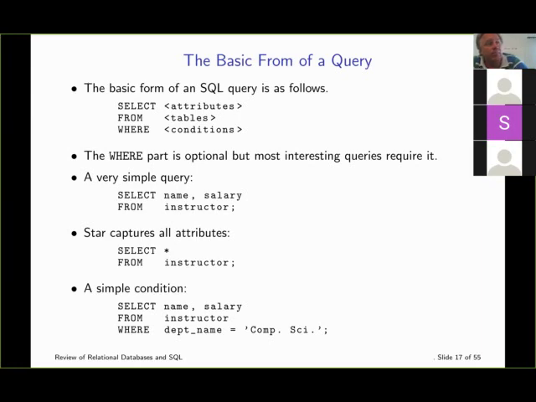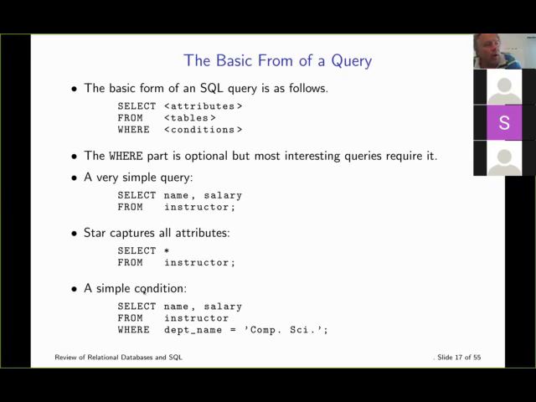A very simple query would be selecting the name and the salary from instructor. If we relate it to relational algebra, this is just a projection. The star syntax gets all the attributes, so select star from instructor will give us the full table with all the different attributes.